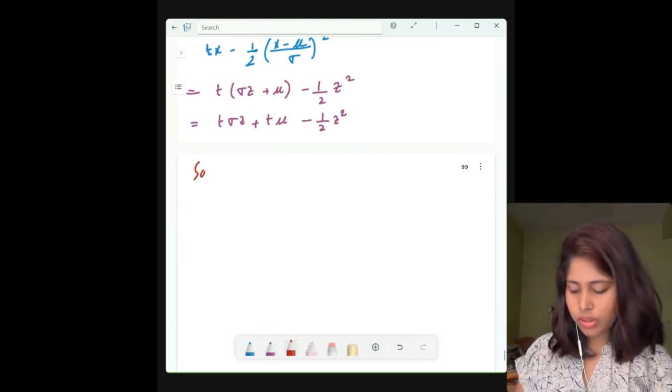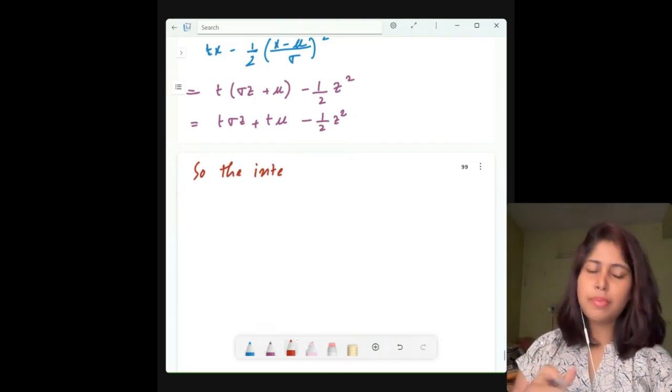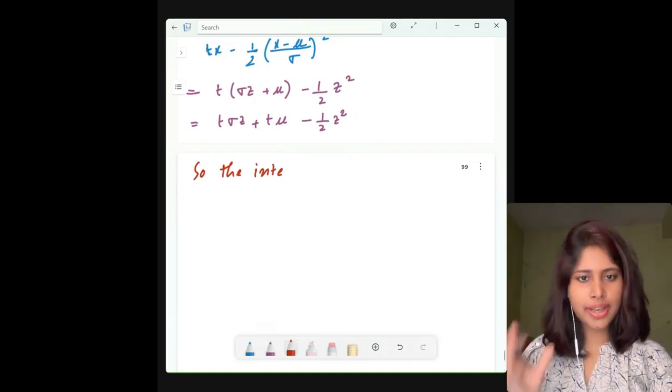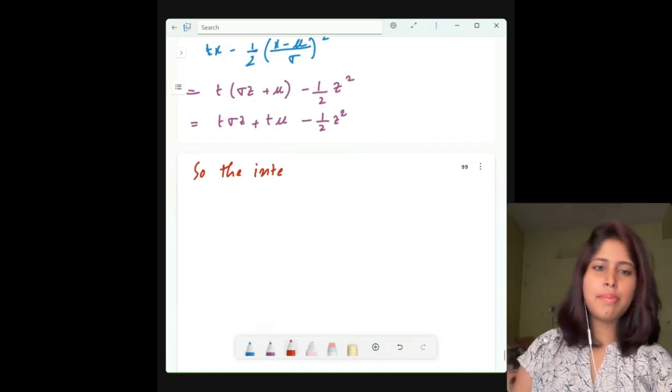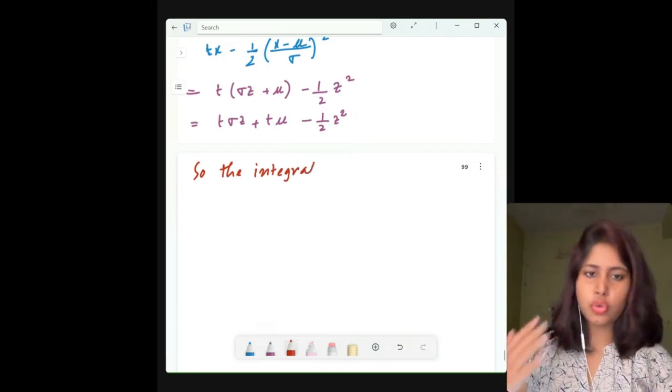So the integral becomes, like I'm doing it very step by step, I'm not doing it in one step. Like I'm first calculating the exponents, then I'm coming back to the integral, so that it is much easier for you to understand.